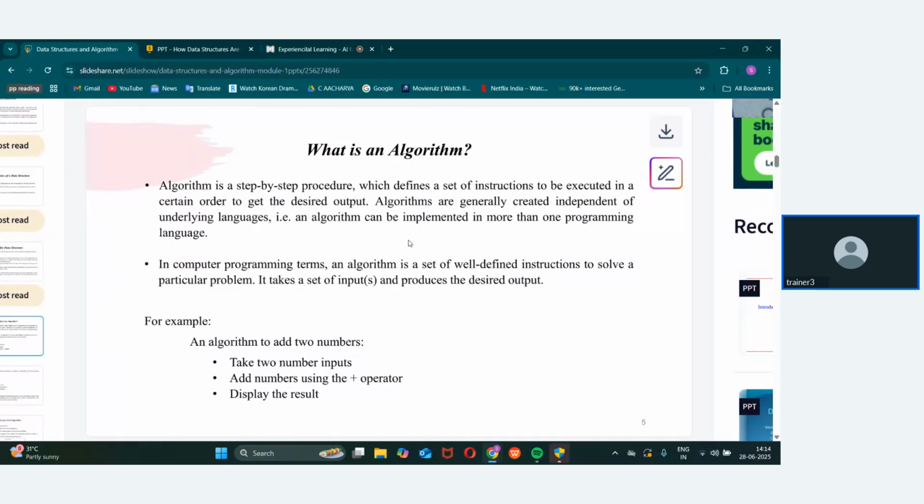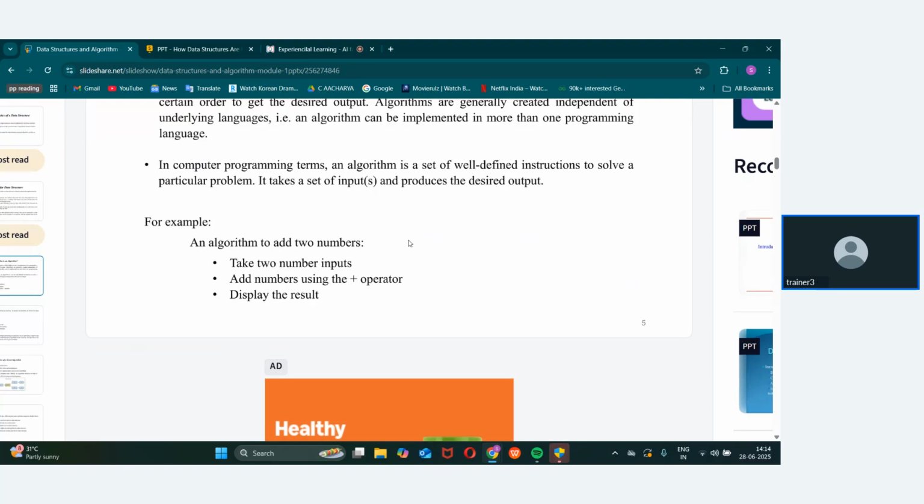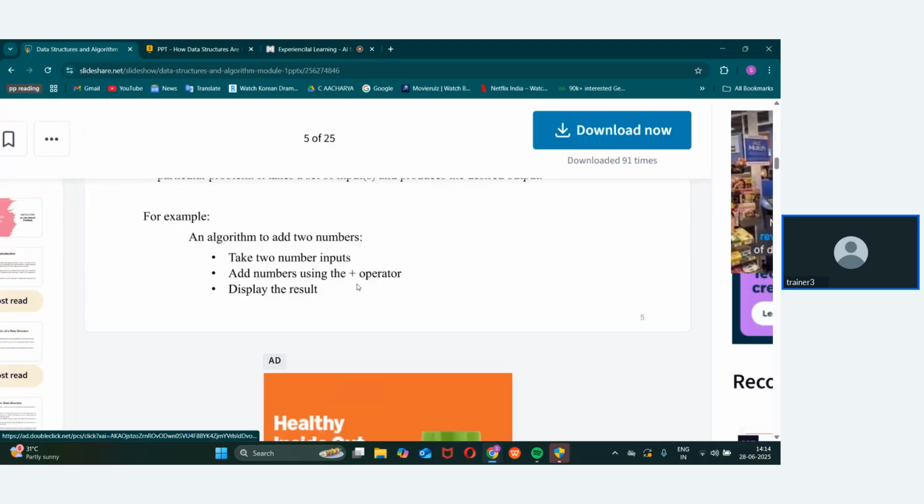and it defines a set of instructions that are to be executed so that we obtain the desired output. It is just a step-by-step process that contains some instructions which are essential to get our desired output. It might be of any language.